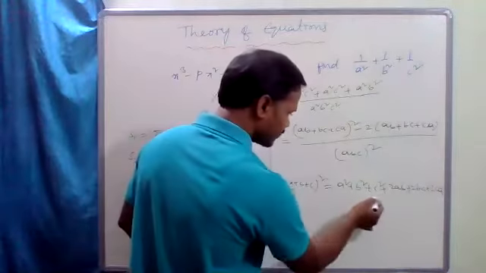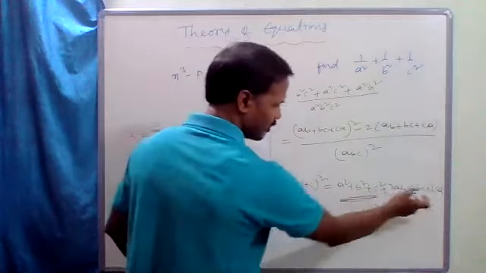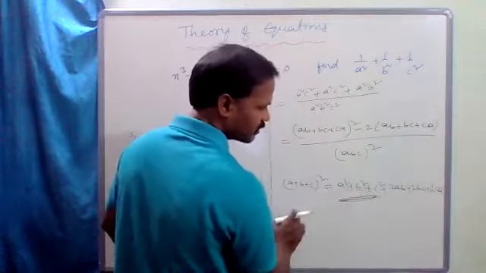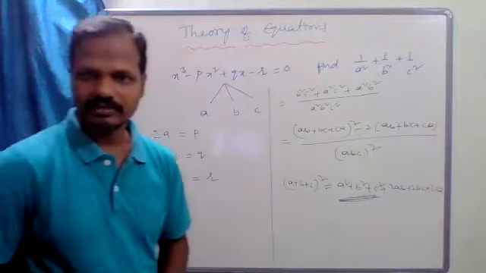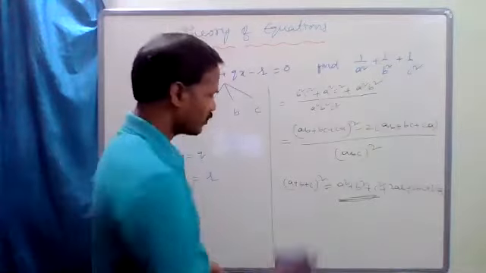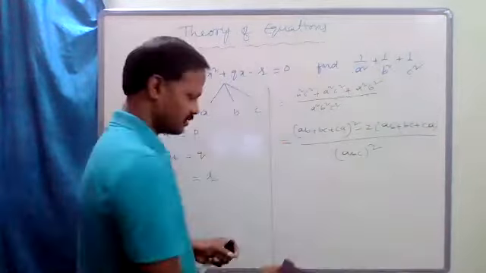So now I need this expression. To get this expression, what to do? (a plus b plus c) whole square minus 2ab minus 2bc minus 2ca. Is it clear? Now substitute the values.